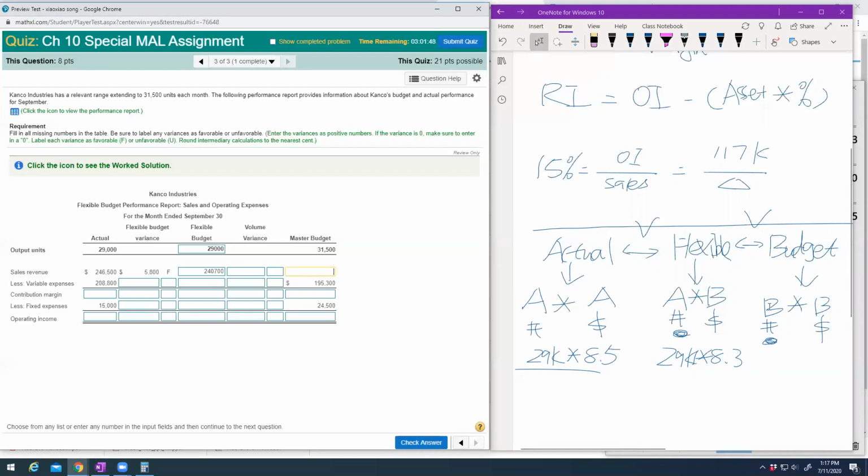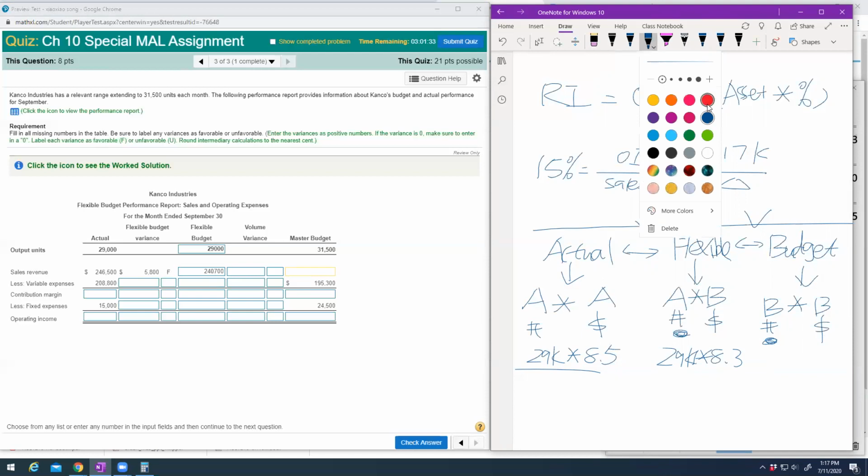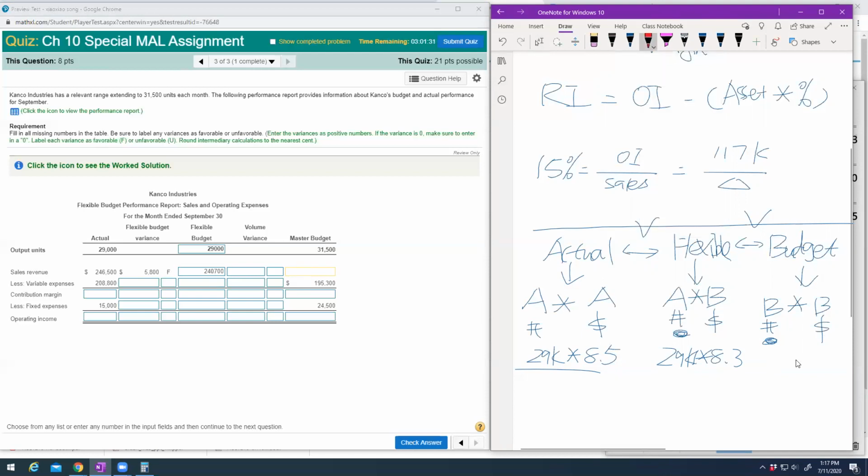Now you need to calculate your master budget revenue. We already know your price. Your flexible budget price is the same as your master budget price. It's important: your master budget units is 31,500, so you have to use 31,500. But the price is the same as your flexible budget, so it will be 8.3.